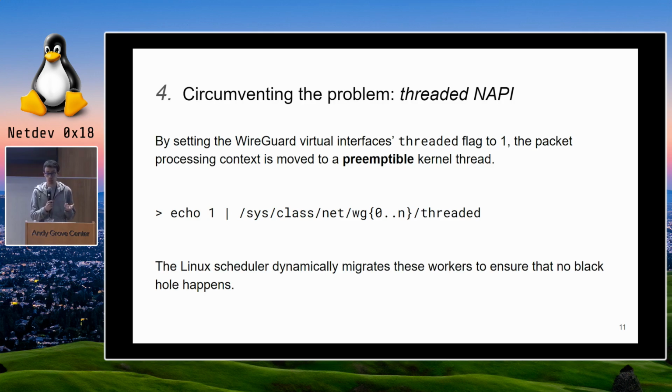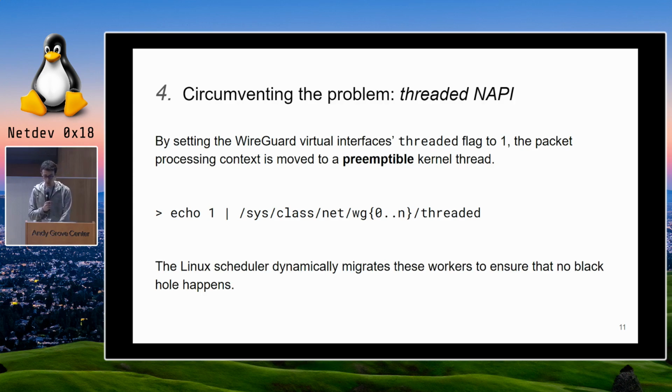It is preemptible. So you can probably see how this solves the problem, because all of these kernel threads will now be subjected to the Linux scheduler, migrating them and making sure that they will not just end up on the same core, but rather their load will be spread out on all of the available CPU resources.